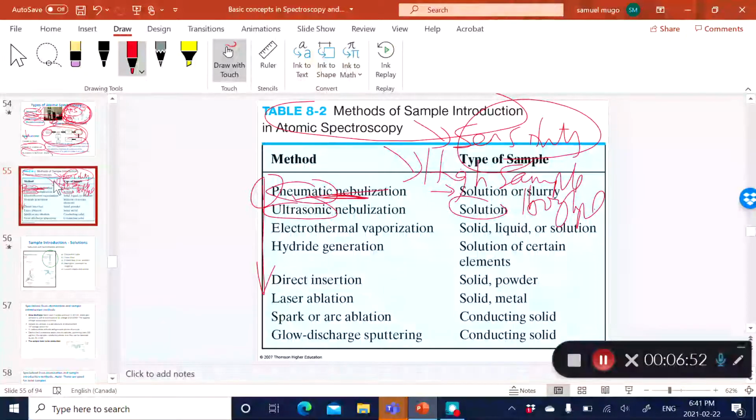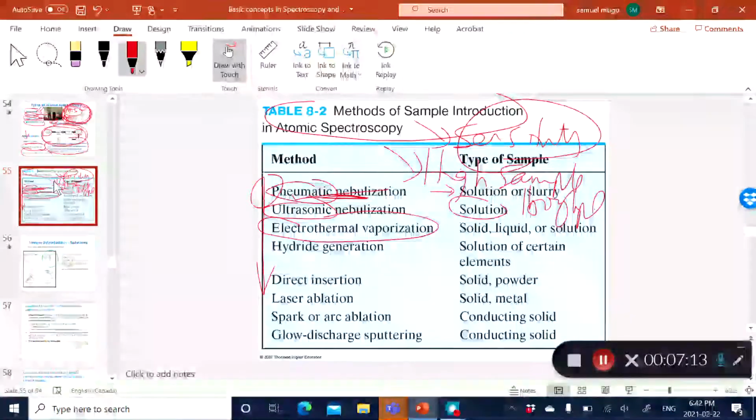Because ideally, you want the sample to actually be converted into a mist that is transferred into your atomizer. And I'm going to show you that in a later slide. Another type of sample introduction method is a furnace, or what you refer to as electrothermal vaporization.